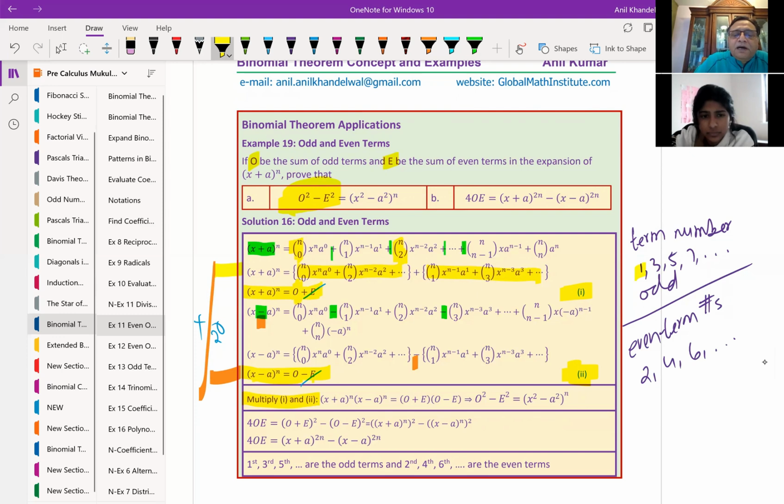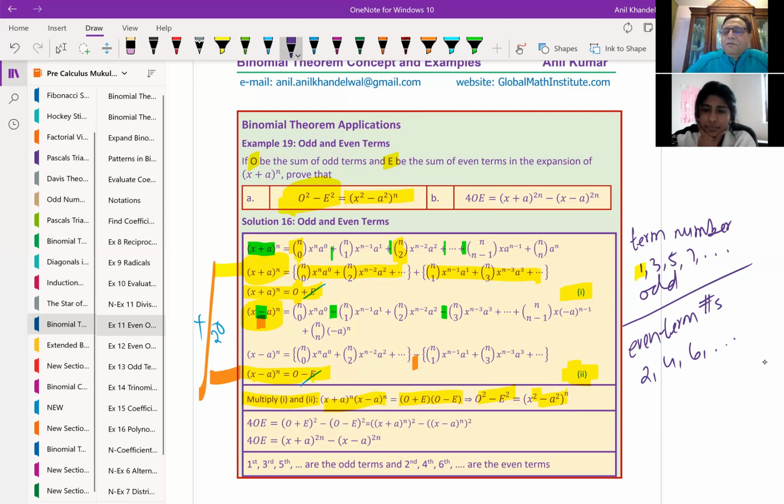So when you multiply this series, O plus E times O minus E, we basically get what? Well, we have these two terms here on the left side. You're just multiplying this, correct? So x plus a to the power of n times x minus a to the power of n, which is x square minus a square to the power of n. So that is how we prove the question. Is that clear?